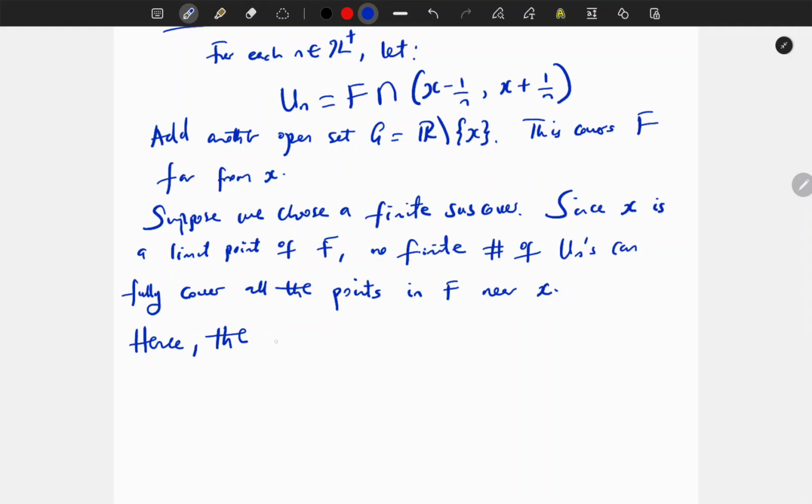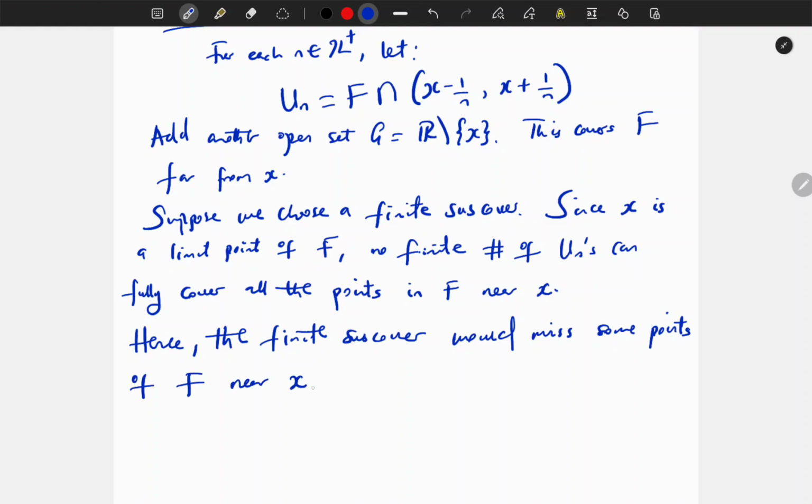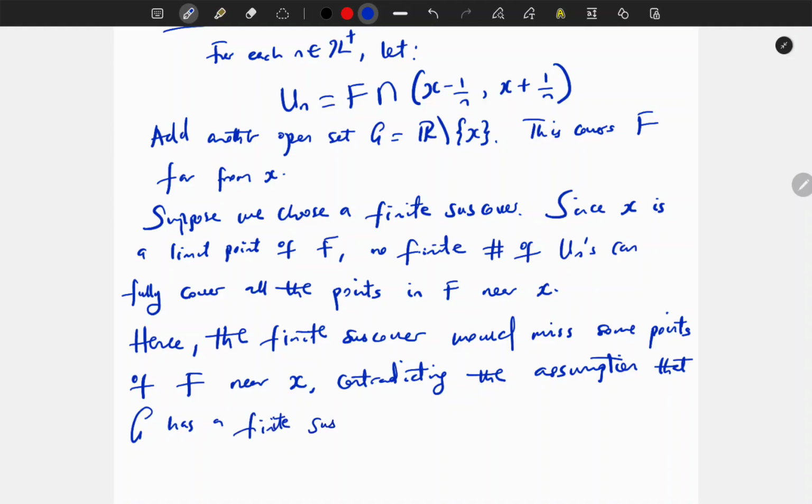Hence the finite subcover would miss some points of F near x, and this contradicts the hypothesis that our open cover has a finite subcover.